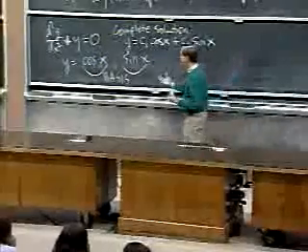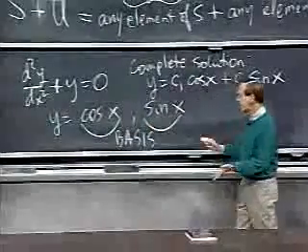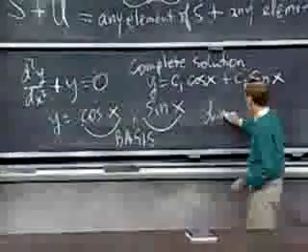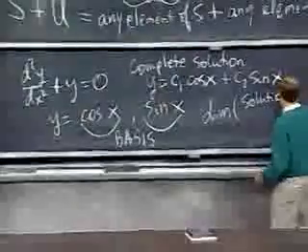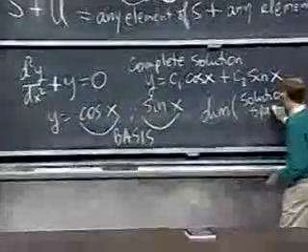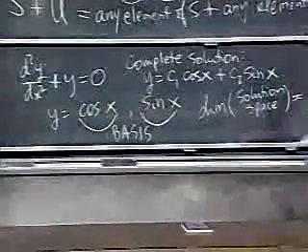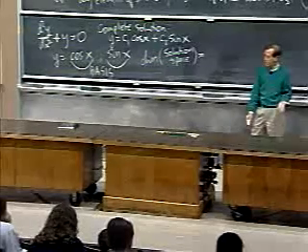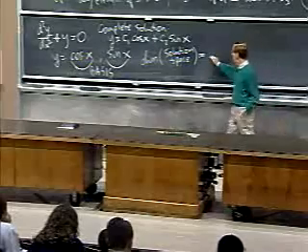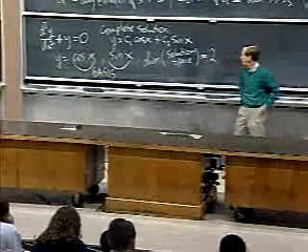Do you see that here is those two, and what's the dimension of the solution space? How many vectors in this basis? 2. The sine and cosine.